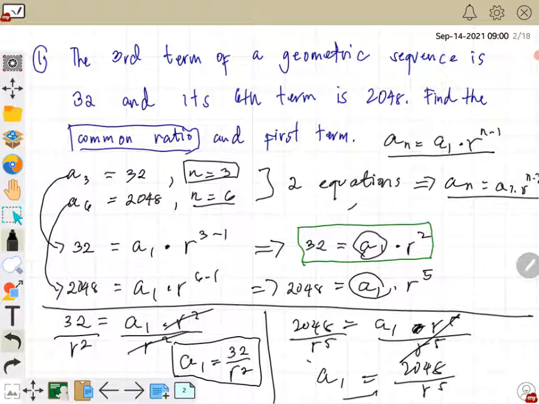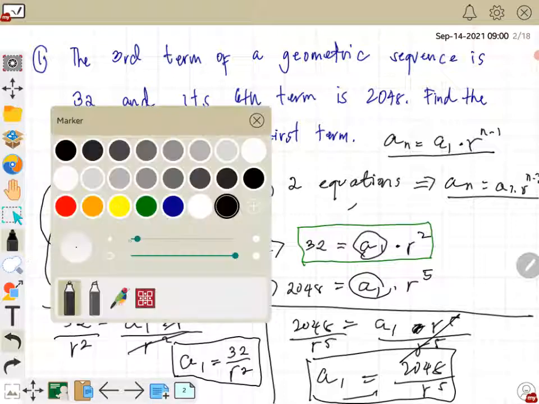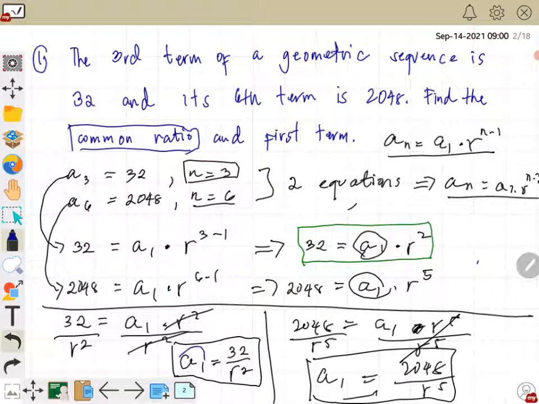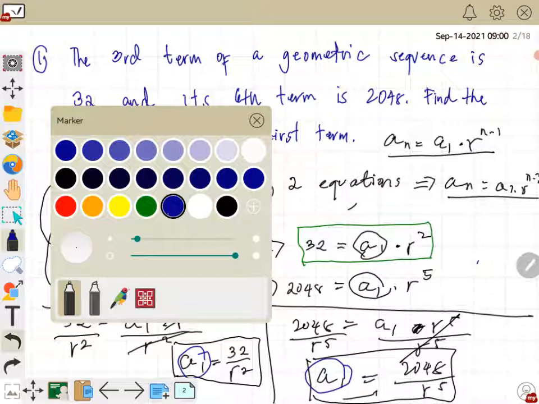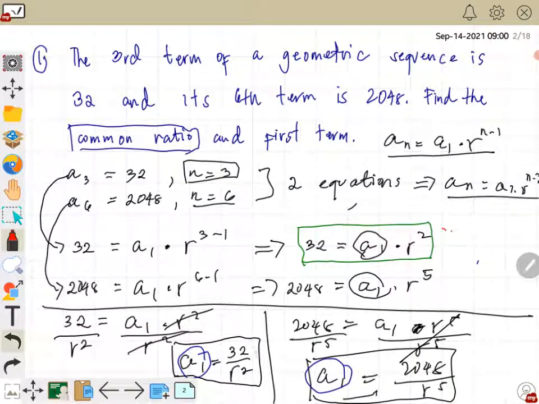So here's the thing. Notice that they are both equal to a sub 1. Meaning, since they are both equal to a sub 1, they are also equal to each other. By transitive law of equality, the 32 over r square is just equal to 2048 over r to the 5.